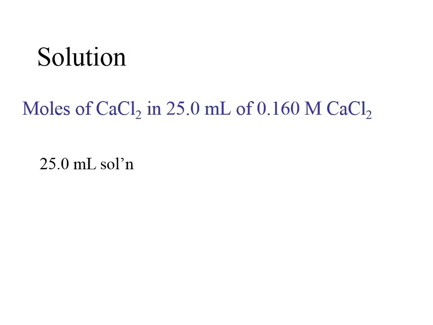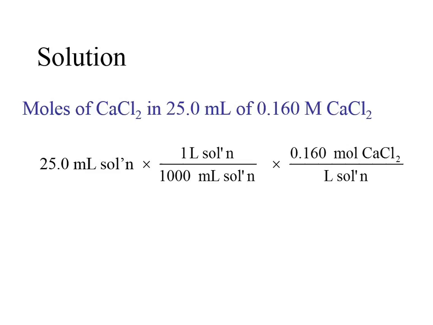How do we get that to liters? 1,000 milliliters on the bottom, 1 liter over 1,000 milliliters. Very good. Now, how do I use the 0.160 to my advantage? It's got to be a ratio: 0.160 moles on top, and liters on the bottom. Very good.